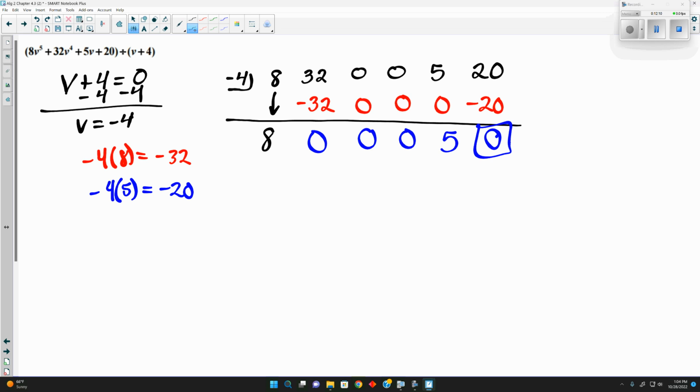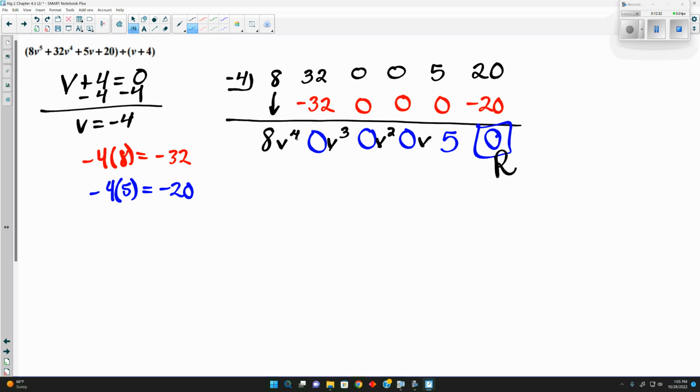Now when we put our variables back, our box 0 is the remainder. The 5 is our constant term, the one without a variable. Then the next one's going to be v. The one after that is v squared, then v cubed, and then v to the 4th.